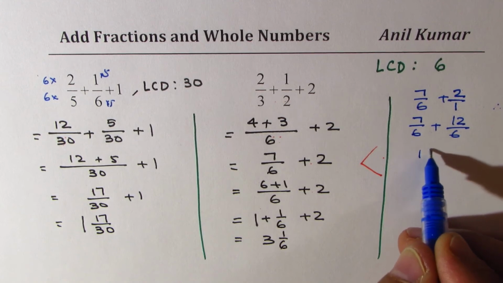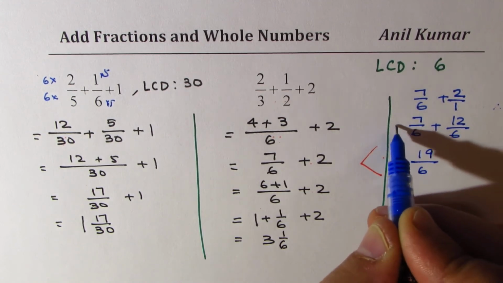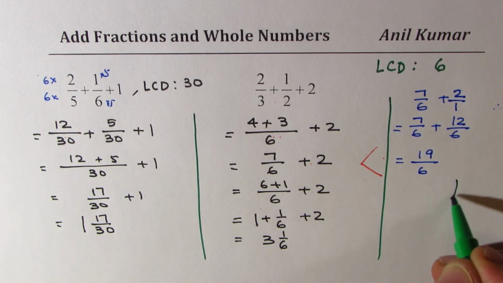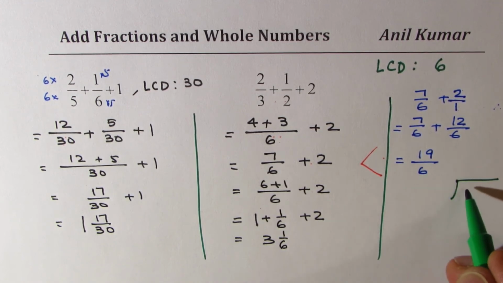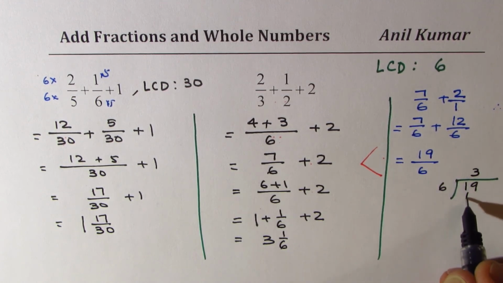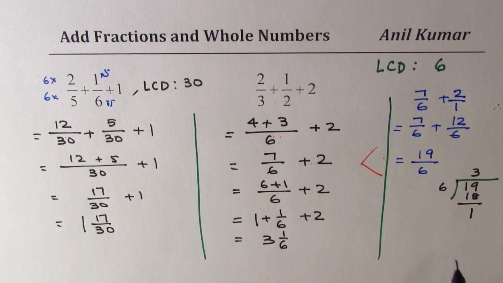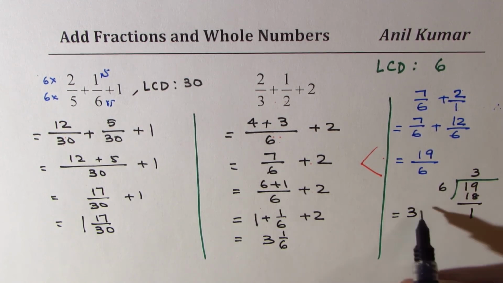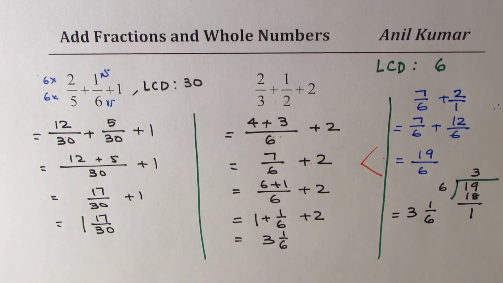So we get 19 over 6. Correct? Now we have to return it back to mixed numbers. So we have 19 divided by 6. 6 goes 3 times, which is 18. Remainder is 1. So we could write this as equal to 3 whole, remainder 1 over 6. Perfect.